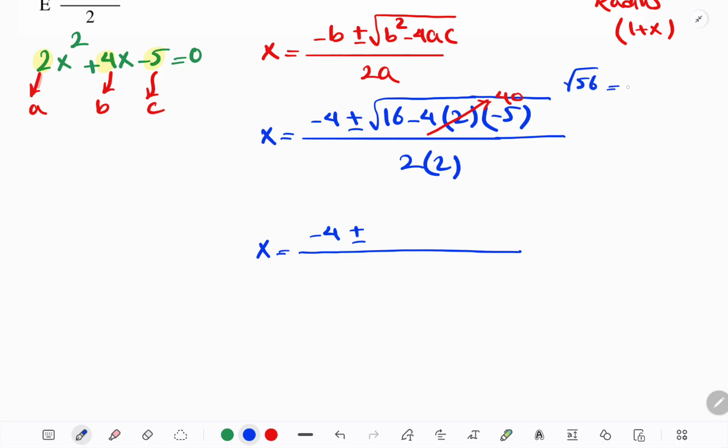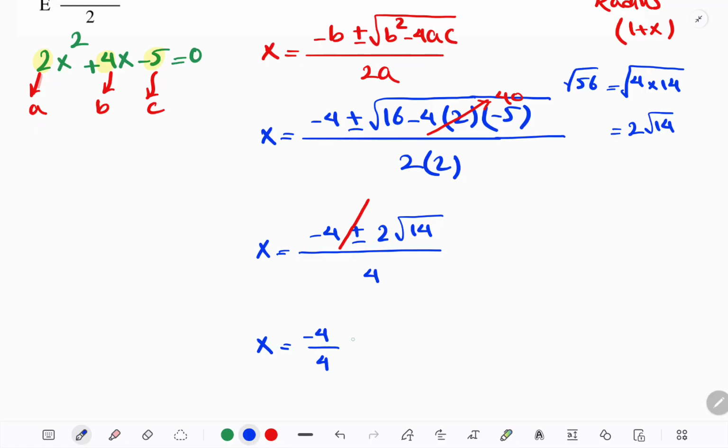And we know that 56 is 4 times 14, and the square root of 4 is 2. So we have 2 root 14 over 2 times 2, which is 4. So I'm going to split this here. So we have negative 4 over 4, plus or minus 2 root 14 over 4.